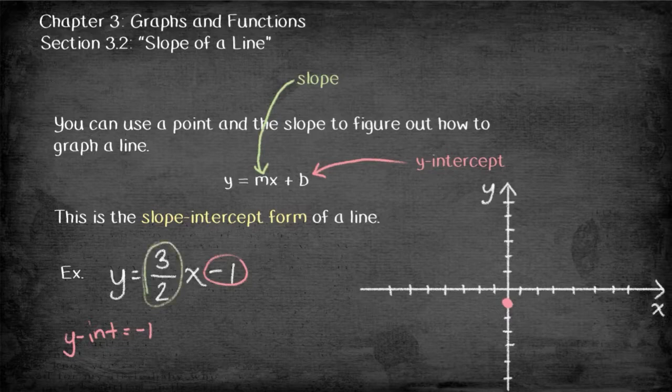And then the slope here tells me that if I go 2 units to the right, I have to go up 3 units. And there we have a quickly drawn line from the slope-intercept form. So that's roughly everything as far as slope and drawing lines are concerned.